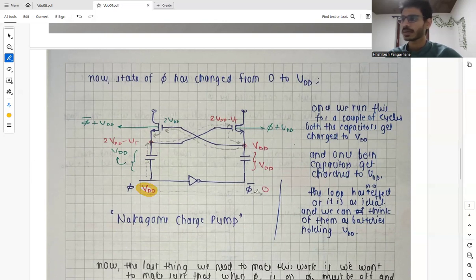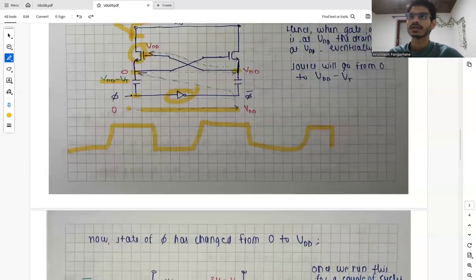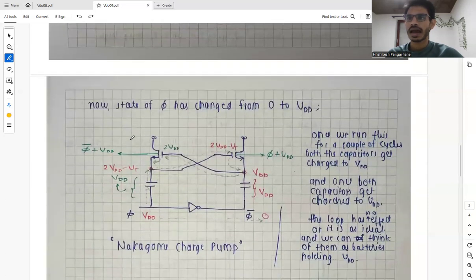So it will push this VDD to this capacitor. And at this point we already had VDD minus VT. So in addition to this VDD minus VT, this VDD will get added, and this point will be at a voltage of 2 VDD minus VT.